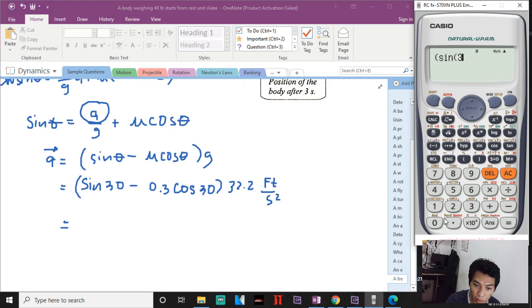Sin 30 plus 0.3 cosine 30. Okay. I-multiply natin ng 32.2. So, the acceleration is tama naman. Anong mali ito dyan?